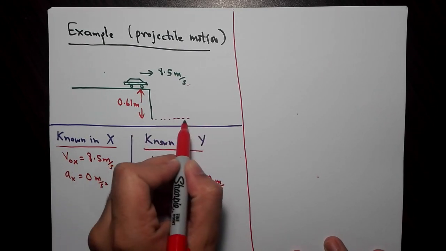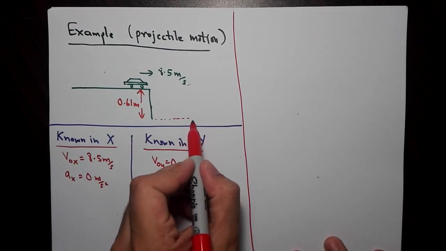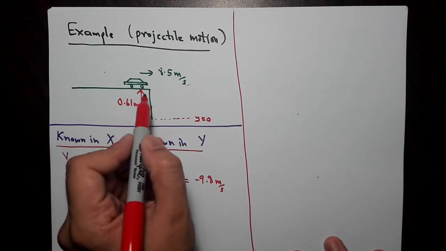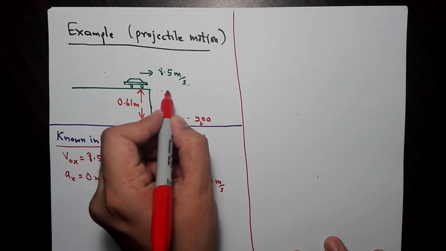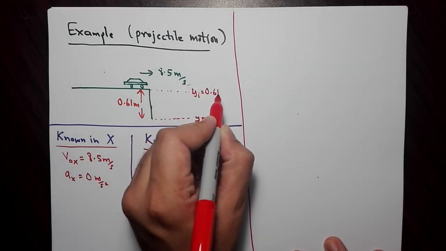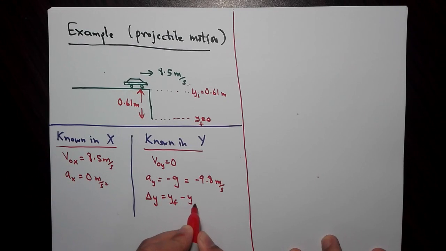Your delta y is going to be negative, right? If this is your y equals 0, then your y final is 0, your y initial is 0.61 meters. So delta y is y final minus y initial, so you get negative 0.61 meters.